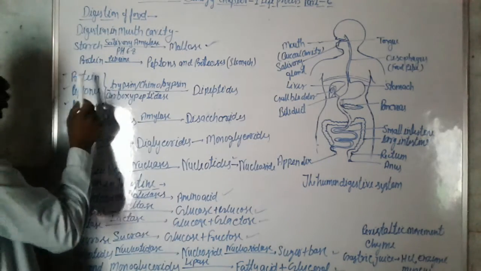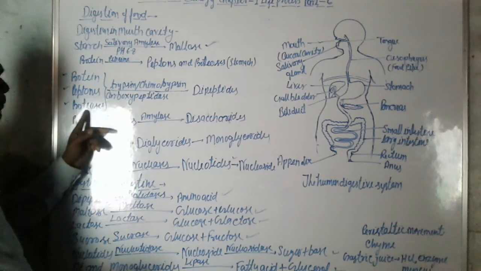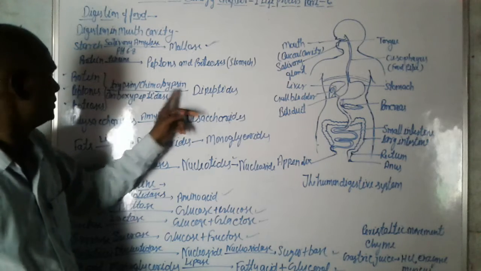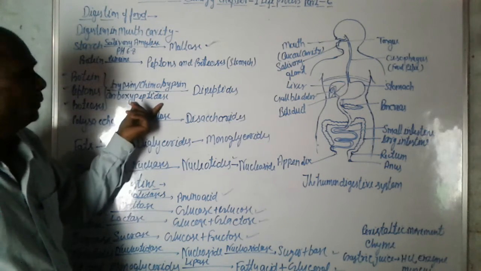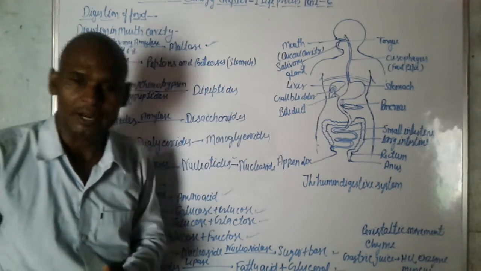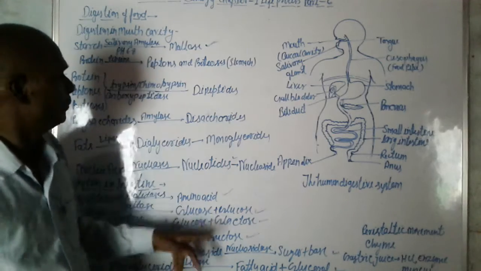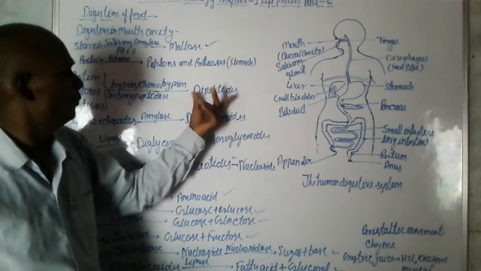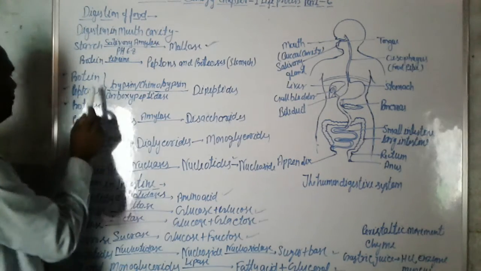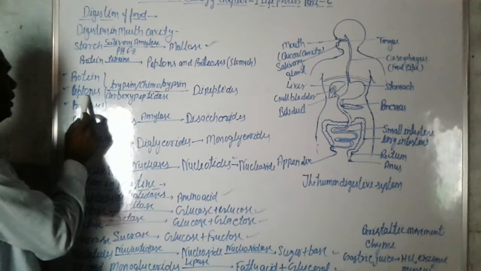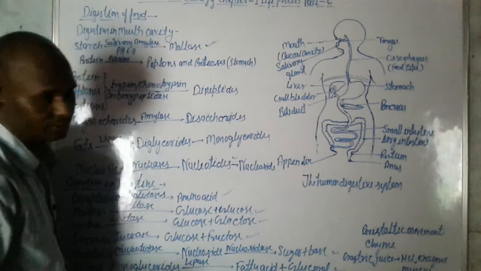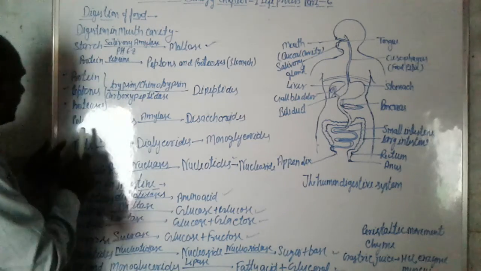The proteins, peptones and proteases react with trypsin, chymotrypsin and carboxypeptidases and are converted into dipeptides. This reaction is completed in the intestine.